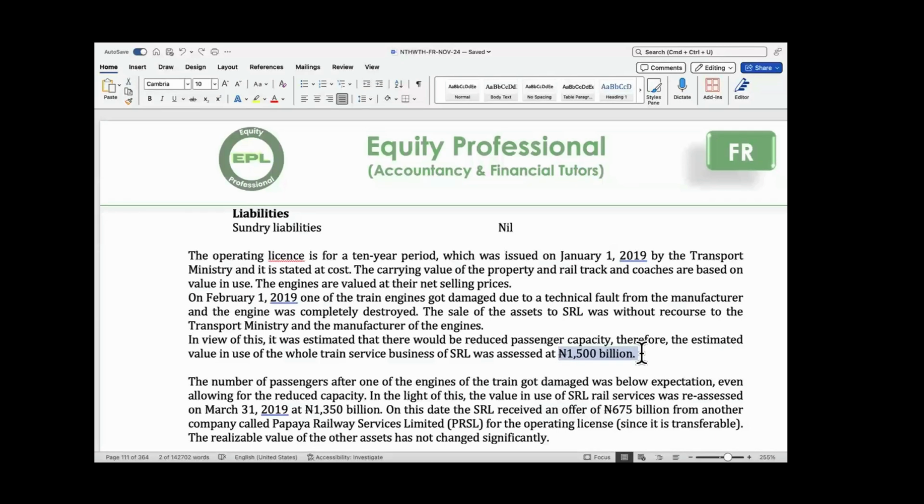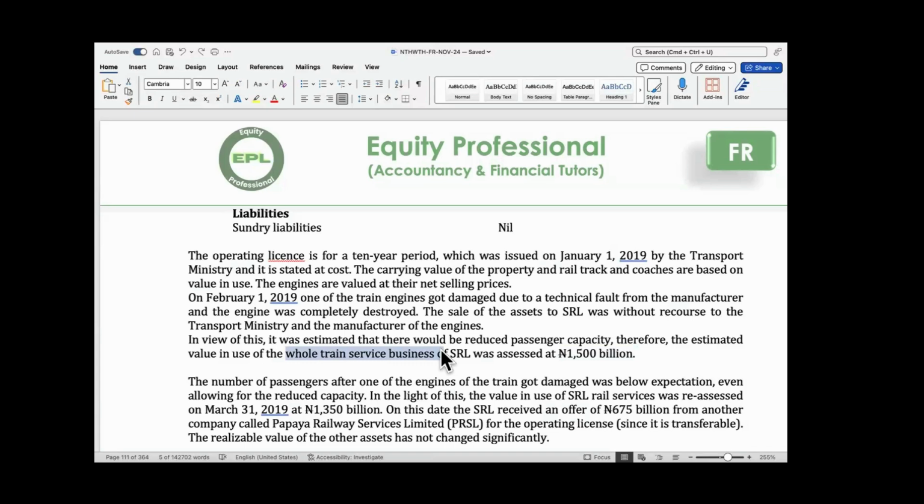Because of this damage, I guess they now did an impairment test on the CGU, because they said value in use of the old train service business. That's a CGU. An engine cannot make money on its own. A license cannot make money on its own.